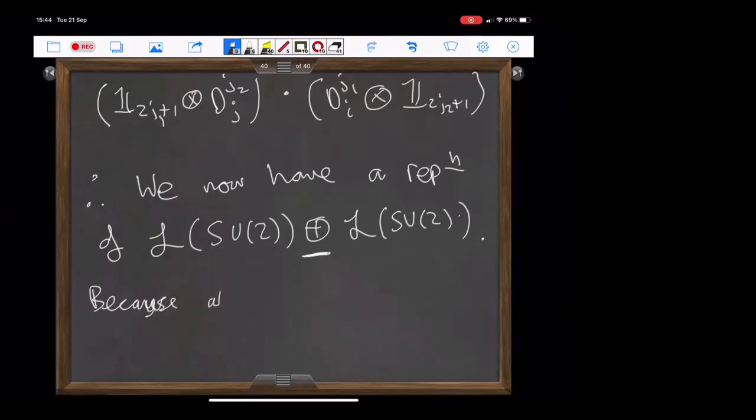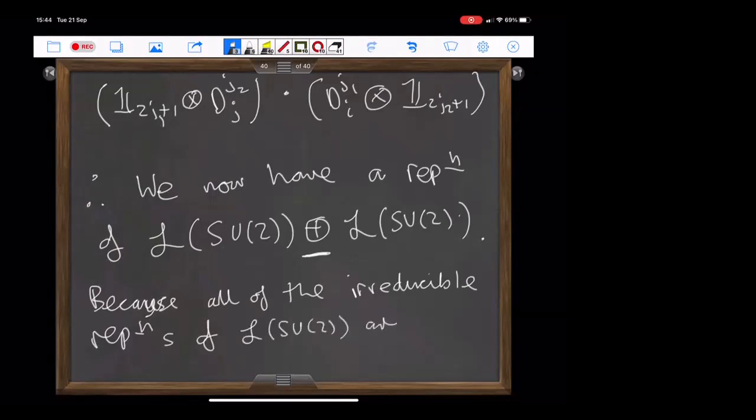All of the irreducible representations of SU2 are given by the spin dj matrices.